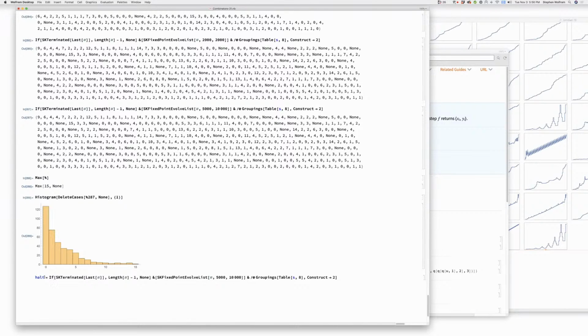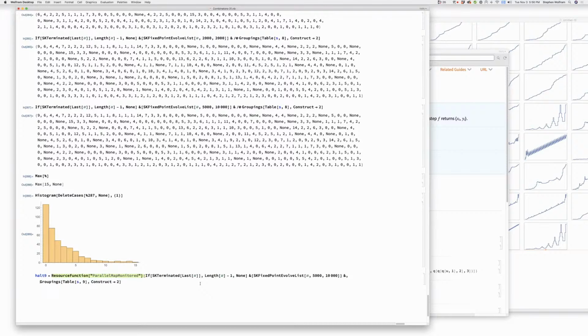Let's call this halt 9 is this thing. And let's actually do this for real here. Well, that was fast.